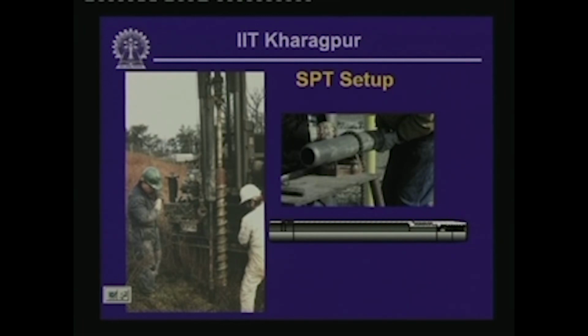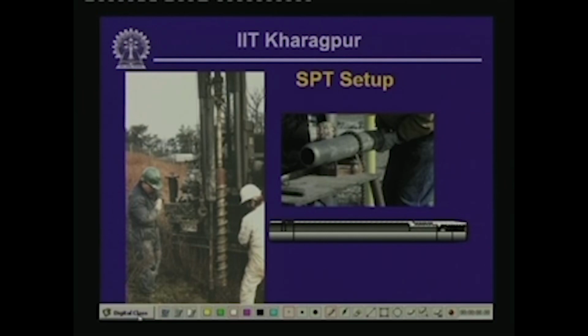This shows the SPT test setup. Here, what we are seeing on the left is the SPT hammer at the top, and the sampler is already down in the hole. So, the hole begins from here, the sampler is down in the hole, and after the sampler is withdrawn, a picture of it is shown here.